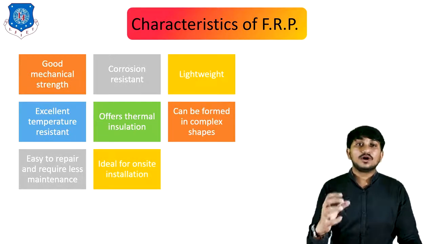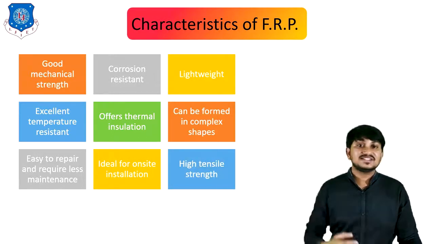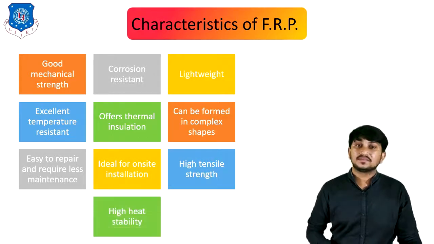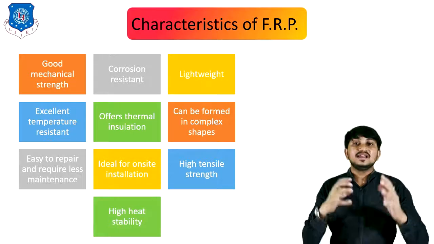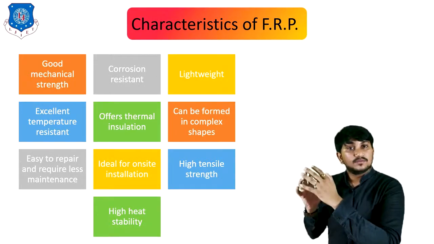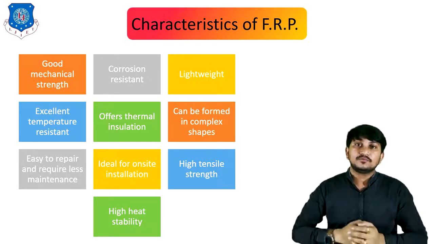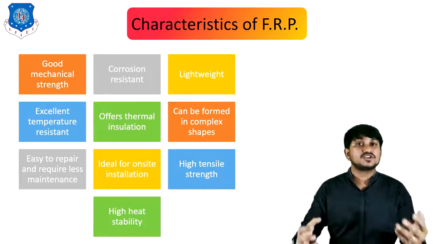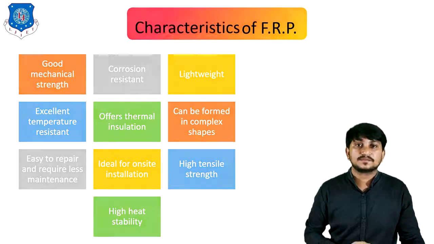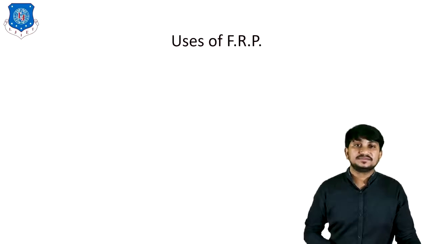It is ideal for on-site installation. It has high tensile strength compared to other materials, and it has high heat stability. Okay, these are the various properties for which this FRP material is nowadays popular for repair as well as rehabilitation work in construction industries. Okay, now let's discuss its uses.